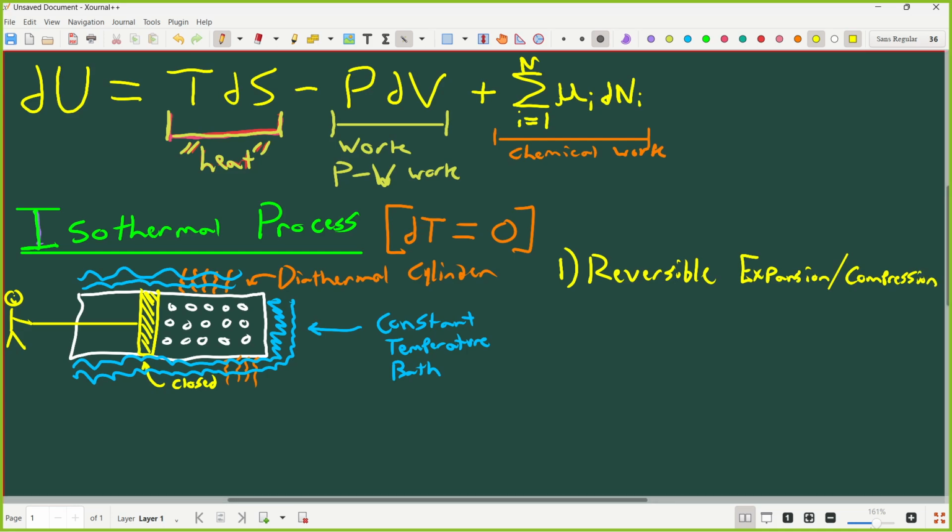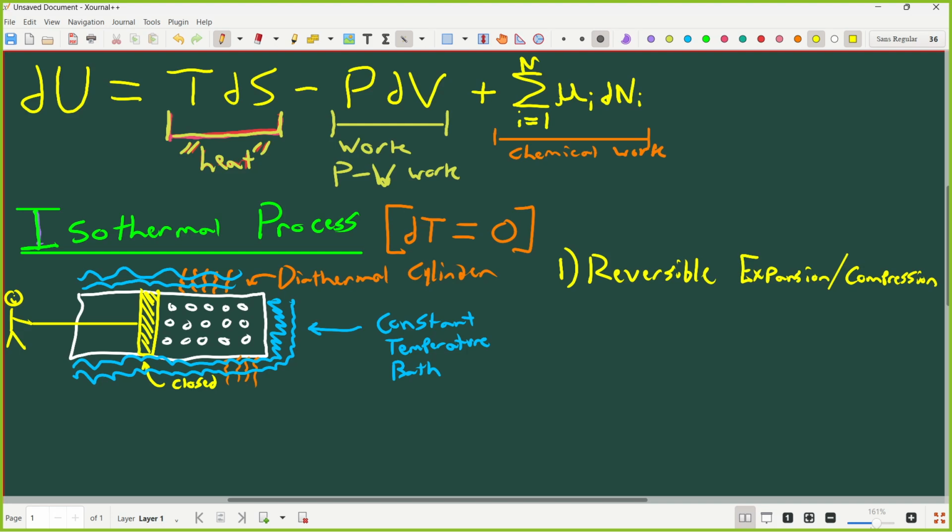And what a reversible one is where our little homie pushes, we should give him a name, but I'll just call him homie for now. He gives it a little push, just a tiny little push, and then he allows the system to equilibrate, so that the temperature never changes. We'll talk about what happens if he pushes it really fast and really hard.